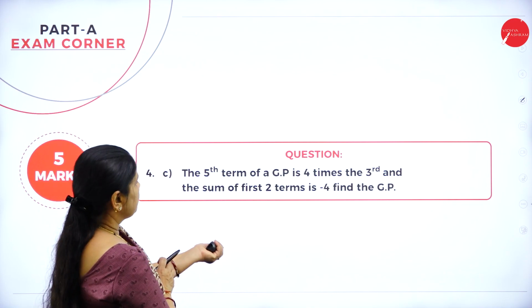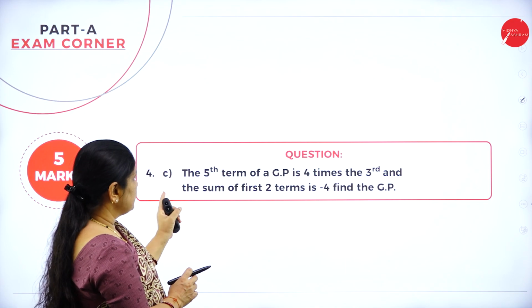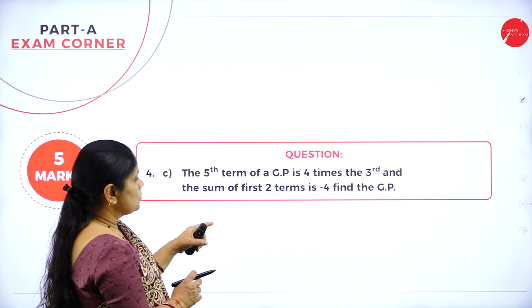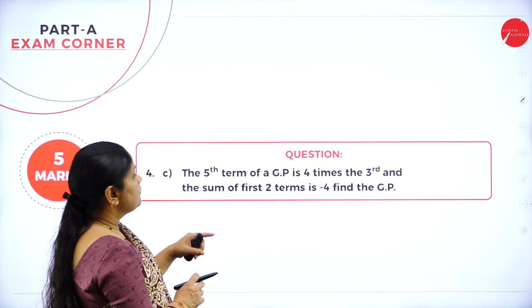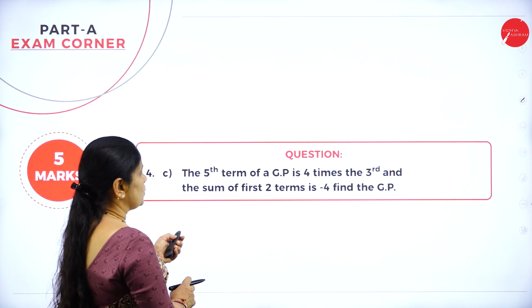This is a 5-mark problem. The fifth term of a GP is 4 times the third term, and the sum of the first 2 terms is minus 4. Find the GP. Now what is given? We have to make a note.